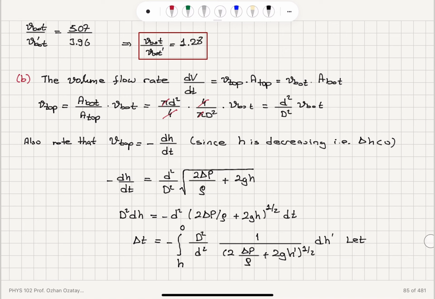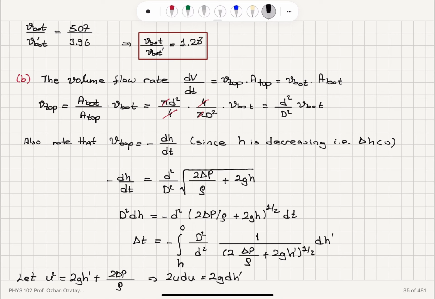So running out of space here. So let u squared equal 2gh prime plus 2 delta p over rho. And this implies that 2u du, if I differentiate both sides, is equal to 2g dh prime.